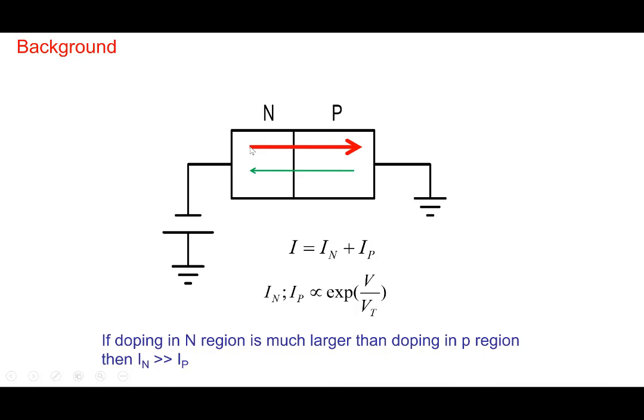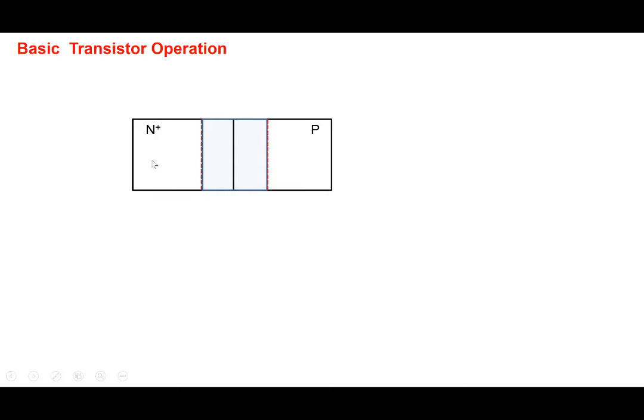That's why the electron current is shown as a thick line, showing that it is a lot more in magnitude as compared to the hole current. And that's because this region is made much more heavily doped as compared to the base. So that's why we made it N plus here, the plus showing heavy doping. And of course, at the junction, as we saw earlier, there's a depletion region.